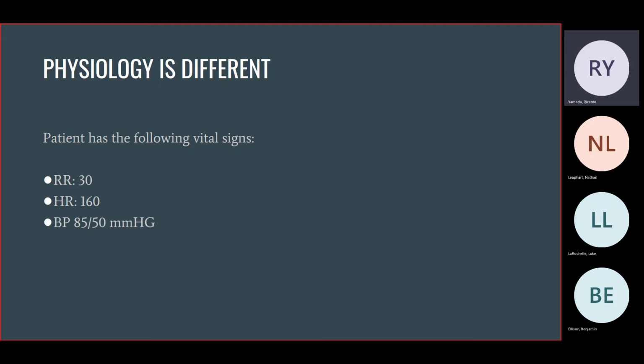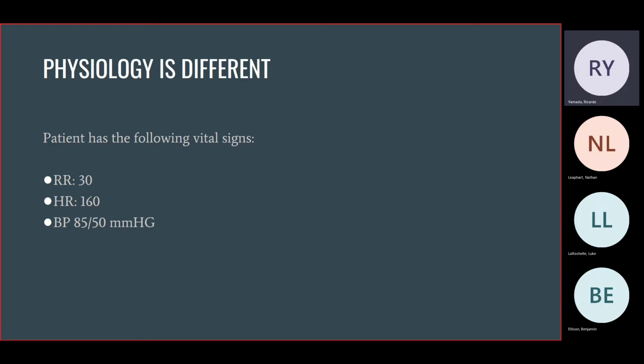So, for example, if you see a patient with the following vital signs, a respiratory rate of 30, a heart rate of 160, and a blood pressure of 185/50, depending on how old the patient is, this can be pretty normal or can be somebody that is about to die. If it's an adult patient, this patient is about to die.